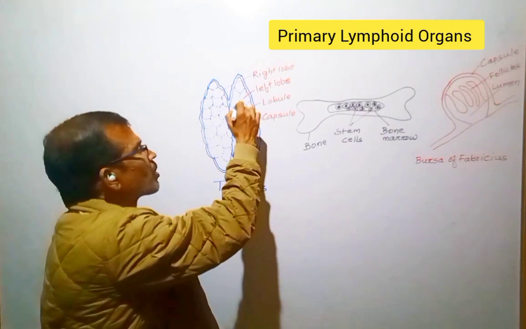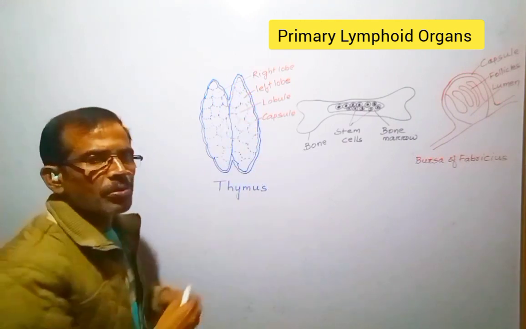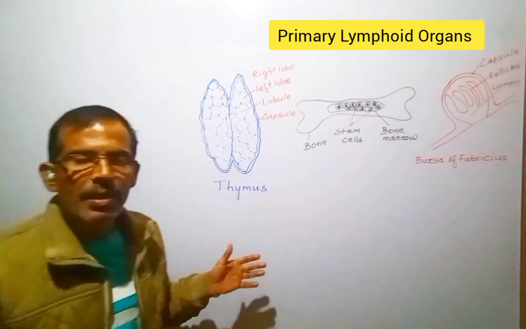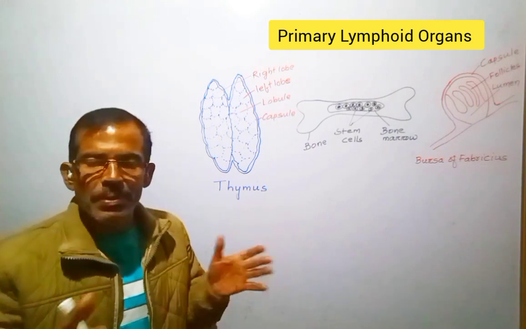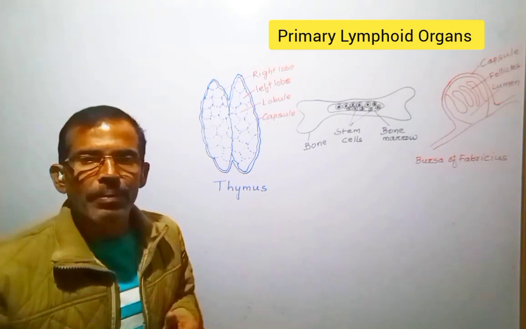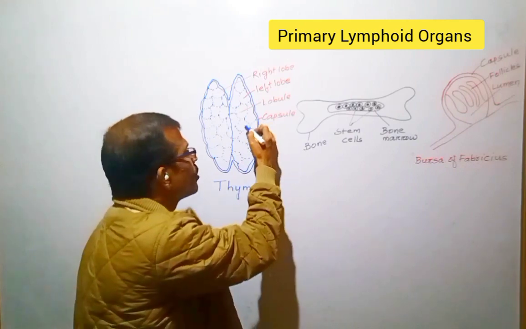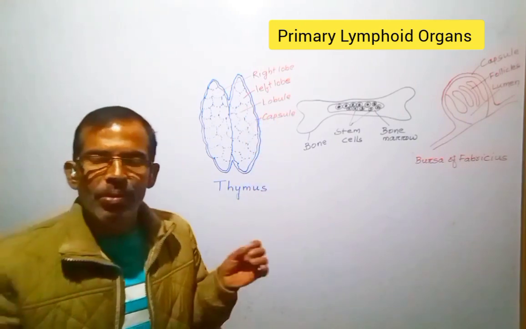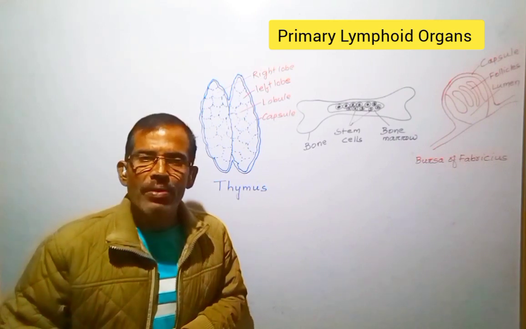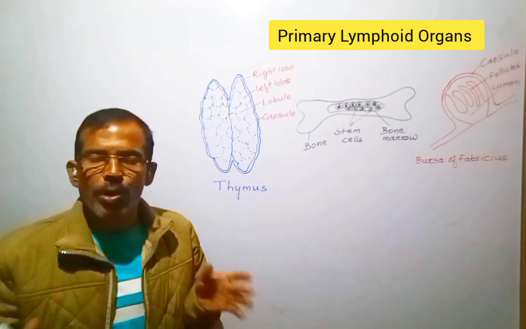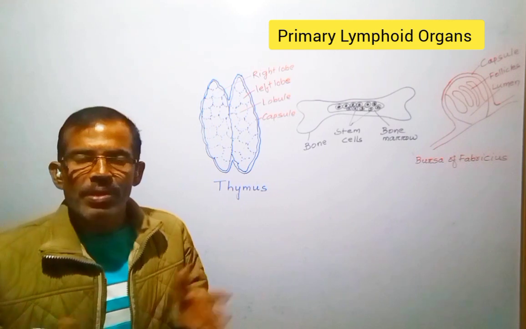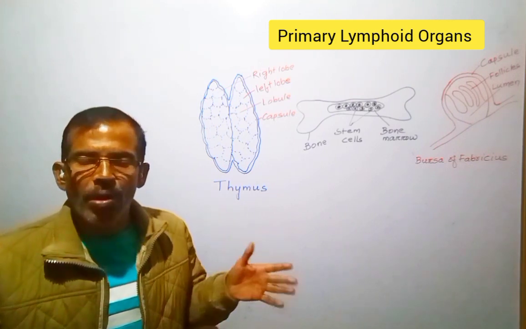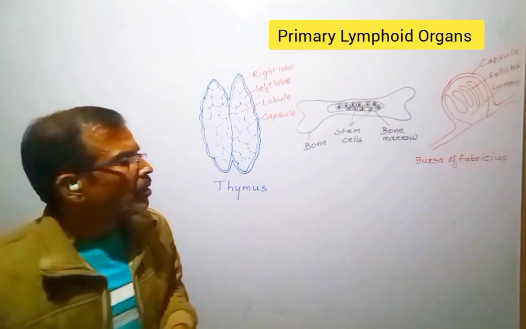Each lobe is organized into many lobules which are separated from one another by septa called trabeculae. Each lobule is organized into an outer cortex and inner medulla. The main function of thymus is proliferation, differentiation and maturation of T lymphocytes.